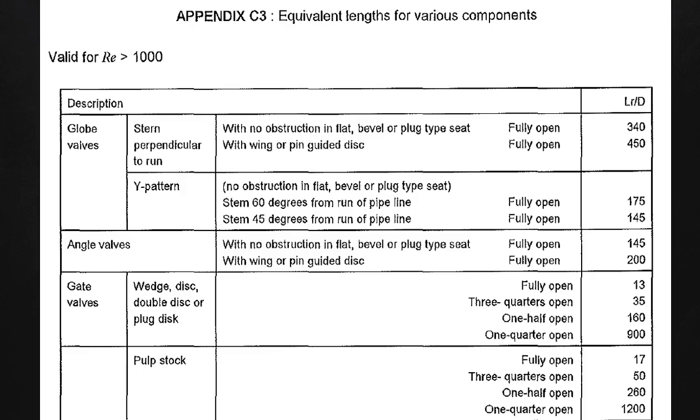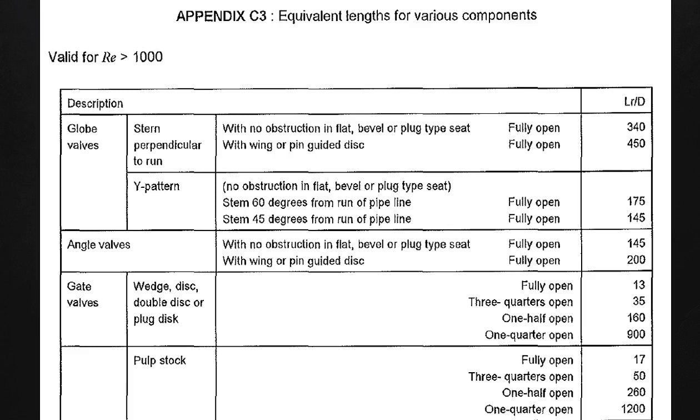So if you have a globe valve that I've just specified, the globe valve would act as if your pipeline was 340 meters longer in length, versus if you had the gate valve, 3/4 open, it would act as if the pipeline itself was 35 meters longer than what you've designed it to be. Okay, that's just to factor in efficiency.